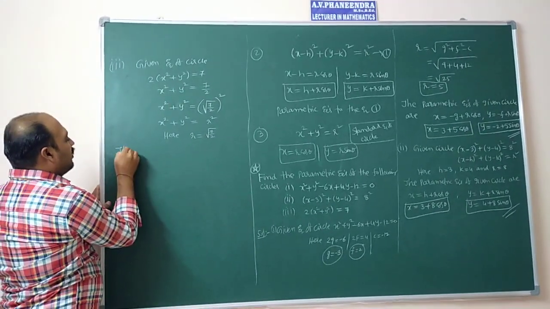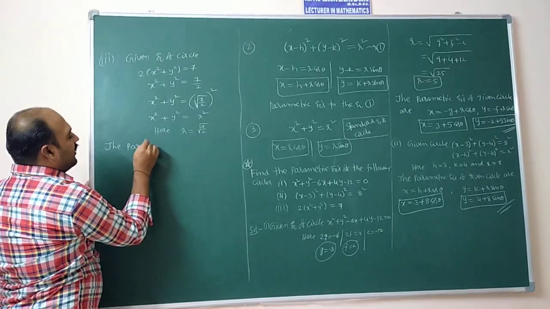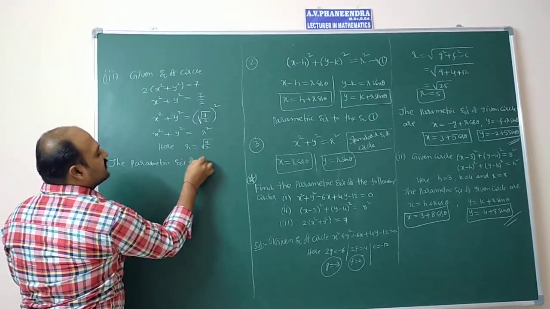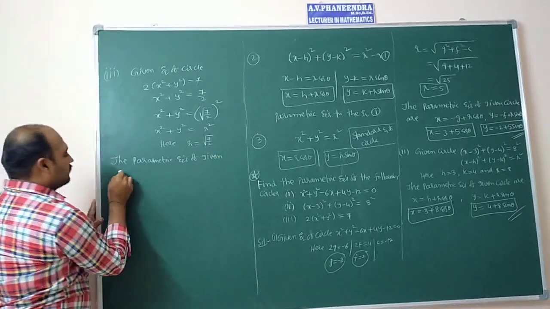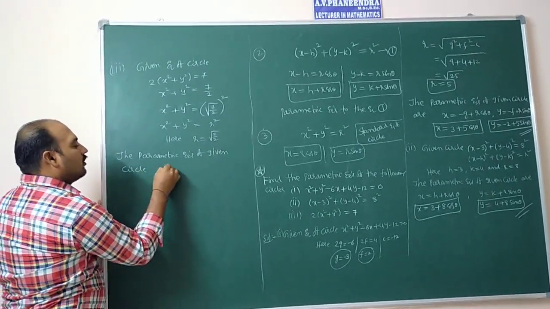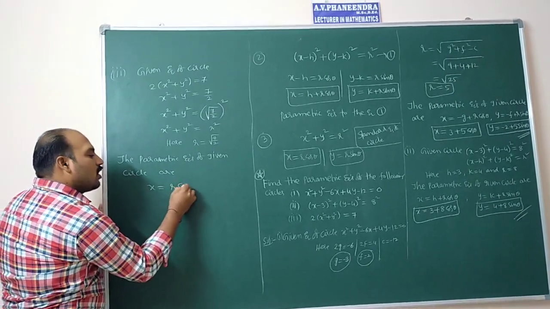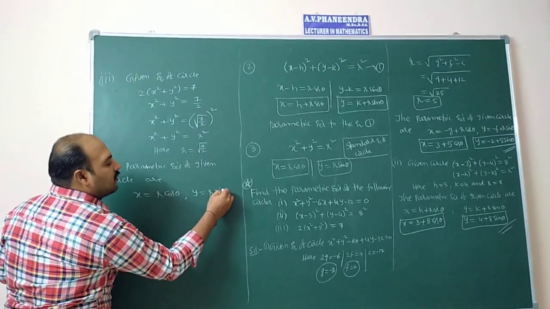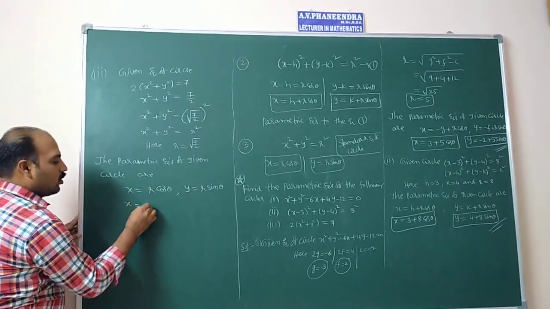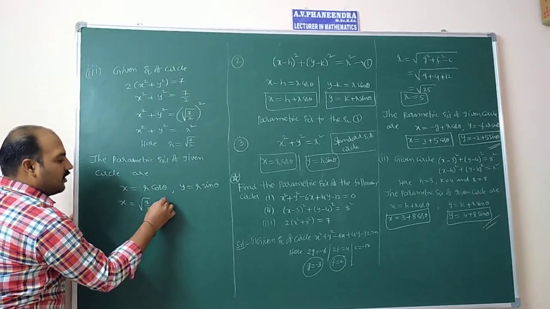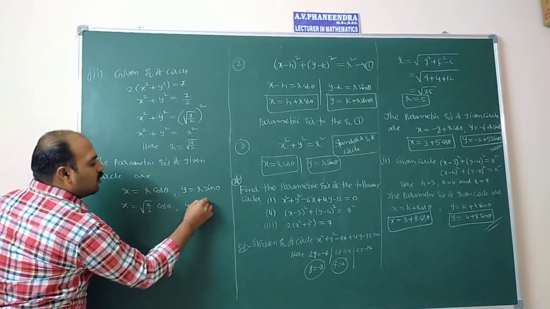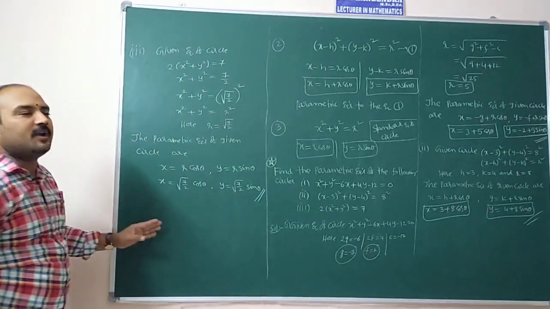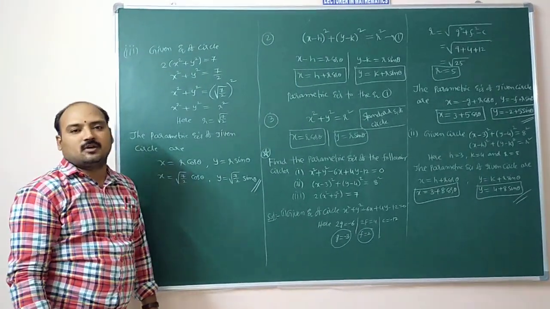Therefore, the parametric equations of given circle are x is equal to r cos theta, comma y is equal to r sin theta. So x is equal to root 7 by 2 into cos theta, y is equal to root 7 by 2 sin theta. These are the parametric equations to the given equation of circle.